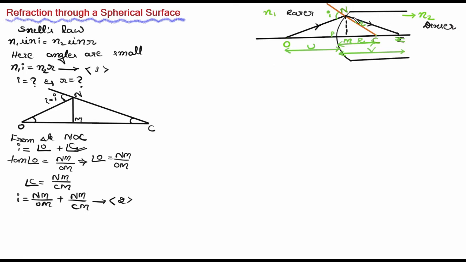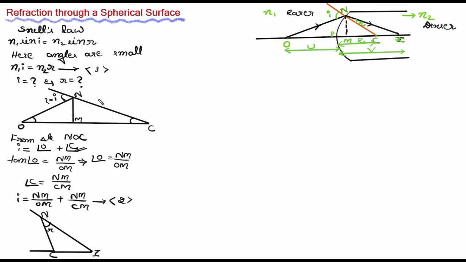As you can see here, R is here. Let me redraw this triangle once again. It is like this. So, this is R, this is N, this point is C and this point is I. Fine.